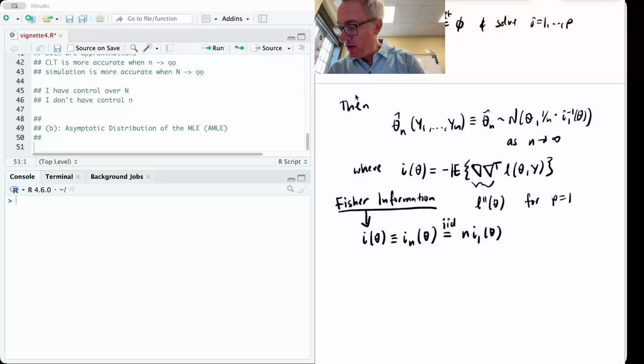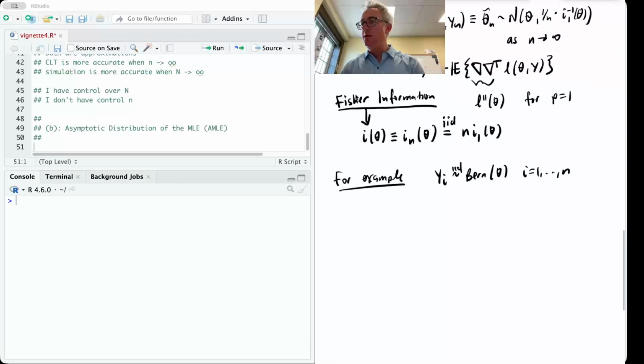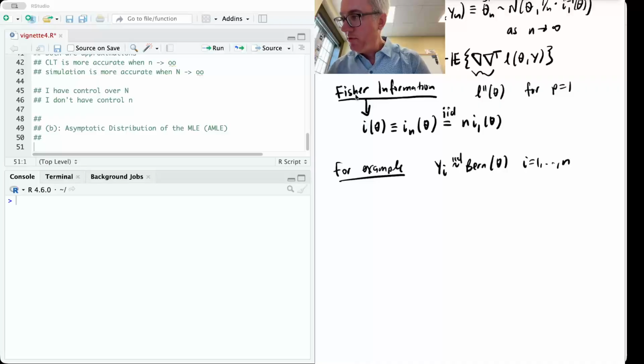Let's do an example. For example, suppose that I'm doing coin flipping, right? So this is chapter 1, and in chapter 3, we would maximize the likelihood. But remember, I skipped that. In chapter 3, I did all Gaussian examples.